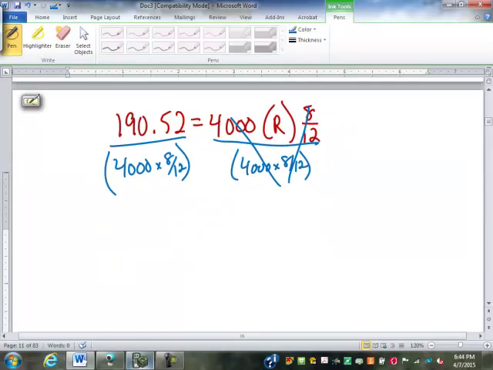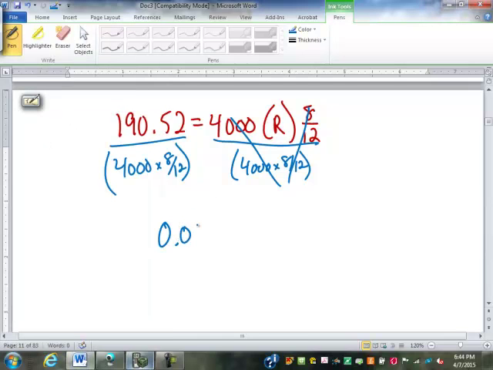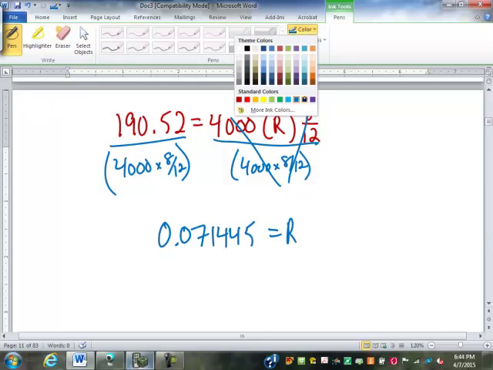So what I'm going to do on my calculator is this. 190.52 divided by, I'm going to use my parentheses now, 4,000 times 8/12, so it's going to be times 8 divided by 12. And close the parentheses. Equals 0.071445 equals my rate.